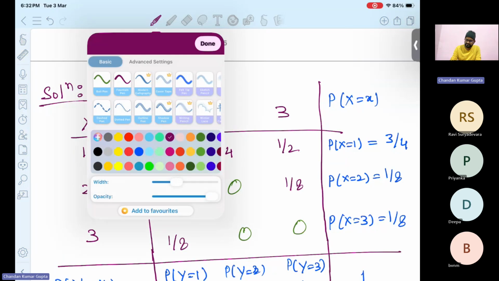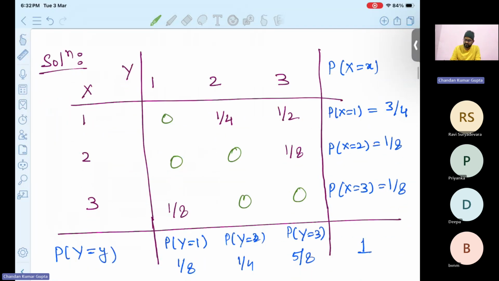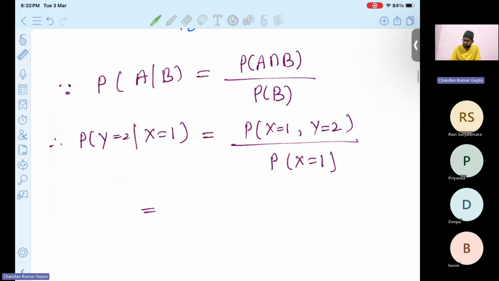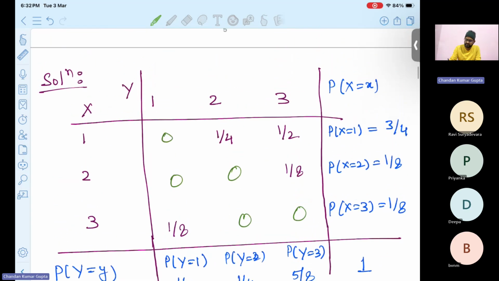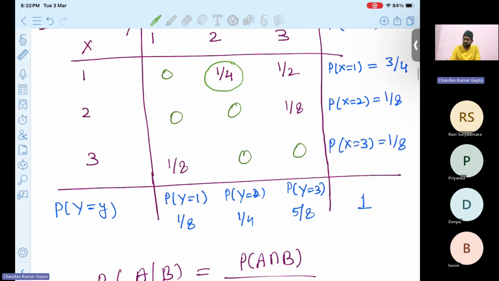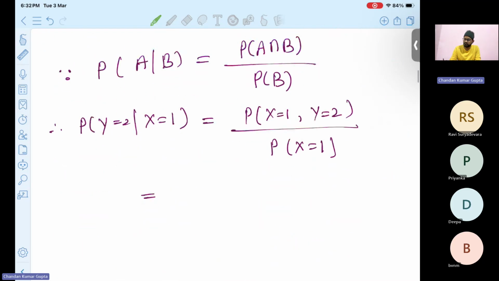So you can see x equal to 1, y equal to 2 has the probability 1 by 4. Simple. At x equal to 1, y equal to 2, we have the joint probability 1 by 4.